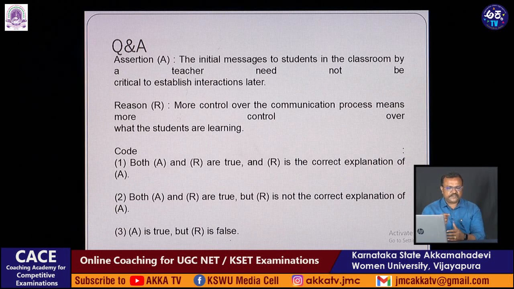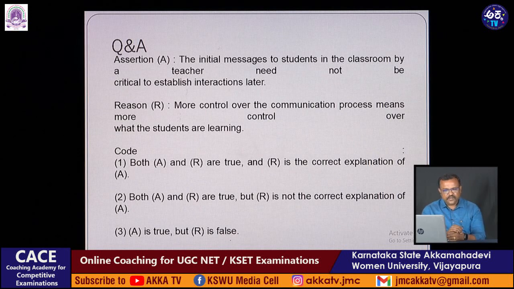The initial message to the student in the classroom by a teacher need not be critical to establish interactions later. It has to be critical, right. The initial stage, the first class, is more important, and you can maintain the relationship later on, but the first is much more critical.